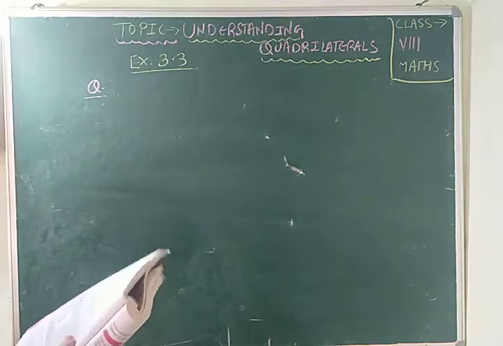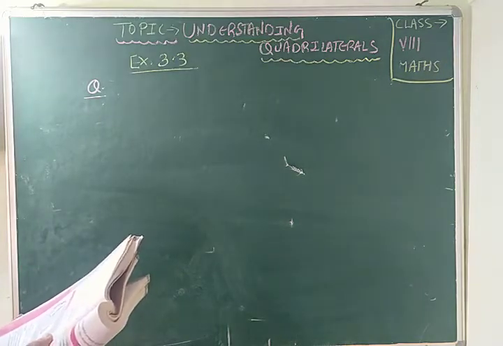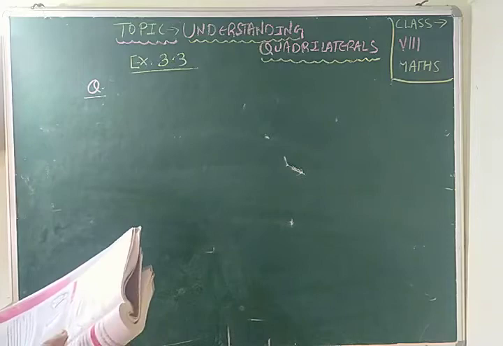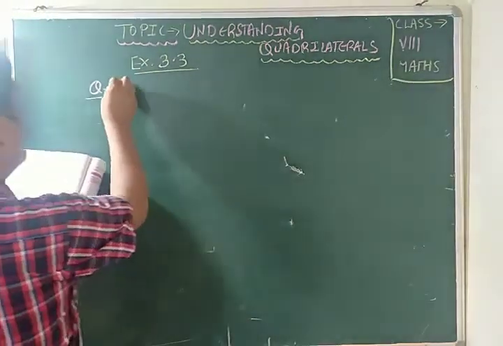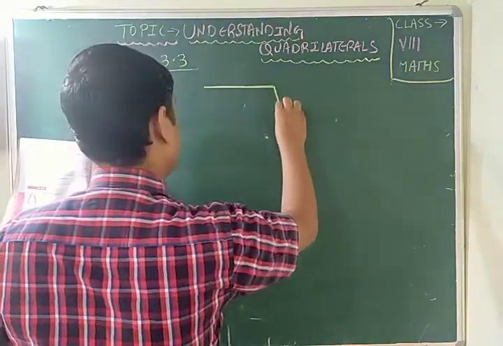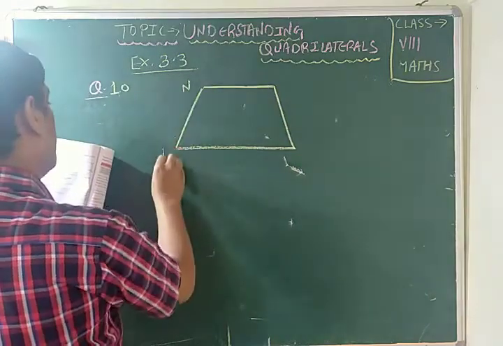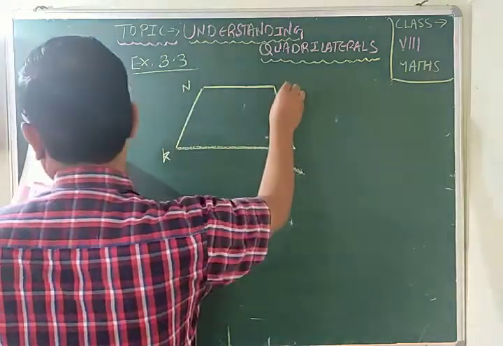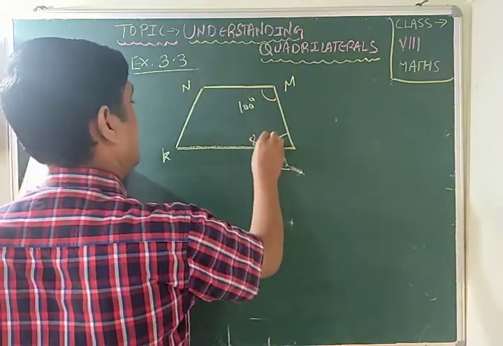Here we have to explain how the figure is a trapezium, and which of its two sides are parallel. In the figure 3.32, this is the figure for question number 10. This is 100 degrees. This is 80 degrees.